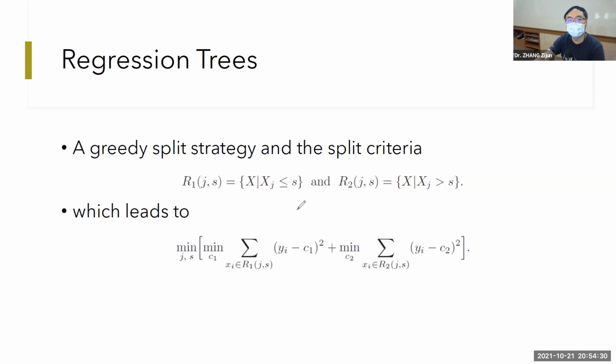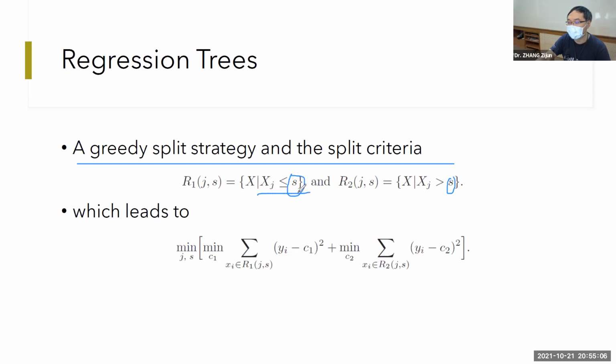So growing a regression tree is a greedy process, or they use a greedy split strategy. What does that mean? Splitting the tree to do the regression relies on first finding the point to do the split. Because the inputs are now not categorical, they are numerical. So to split attributes with a numerical value, we need to find a point to make it two parts.